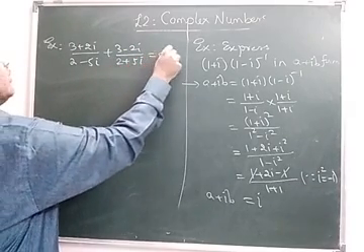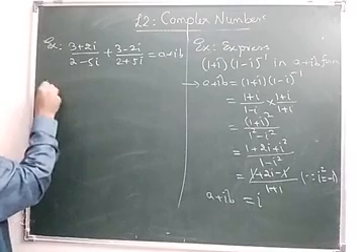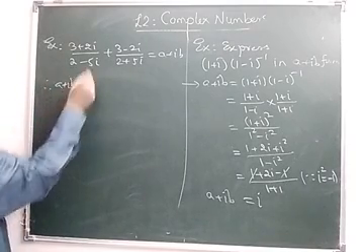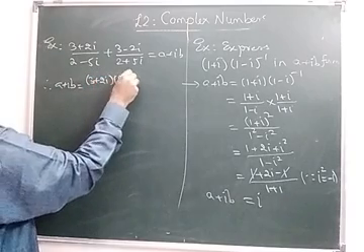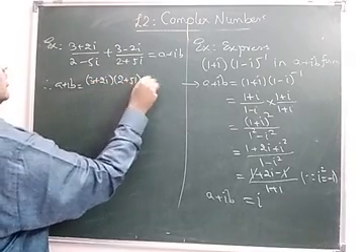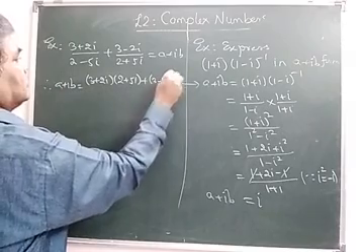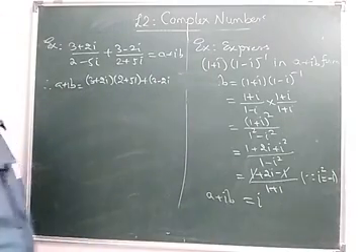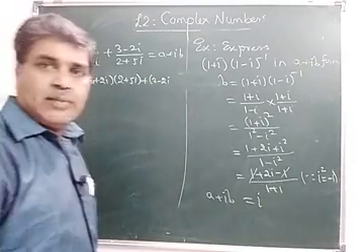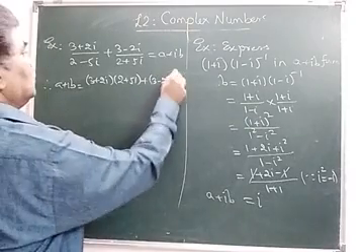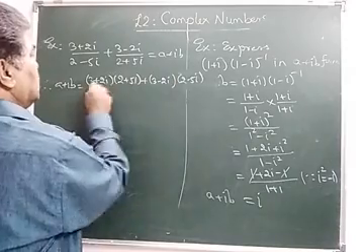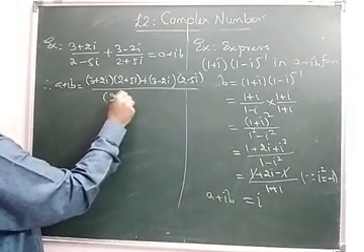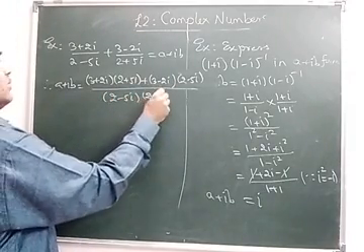Therefore a plus ib is equal to, taking the cross multiplication, 3 plus 2i into 2 plus 5i plus 3 minus 2i into 2 minus 5i, upon 2 minus 5i into 2 plus 5i.